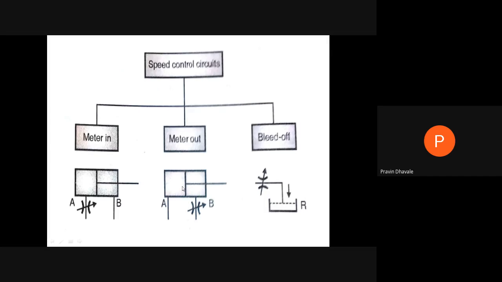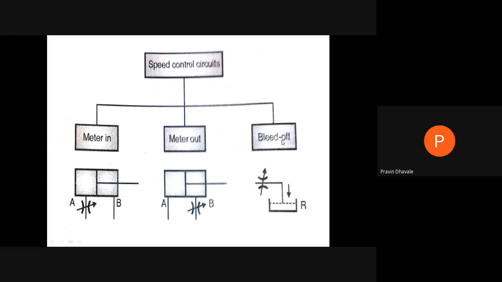Similarly, we can control the extension motion of the piston by controlling the outlet flow of the cylinder. So in the meter out circuit we control the outlet flow of the cylinder. The flow control valve will always be connected at the rod end side of the cylinder, that is the outlet of the cylinder.